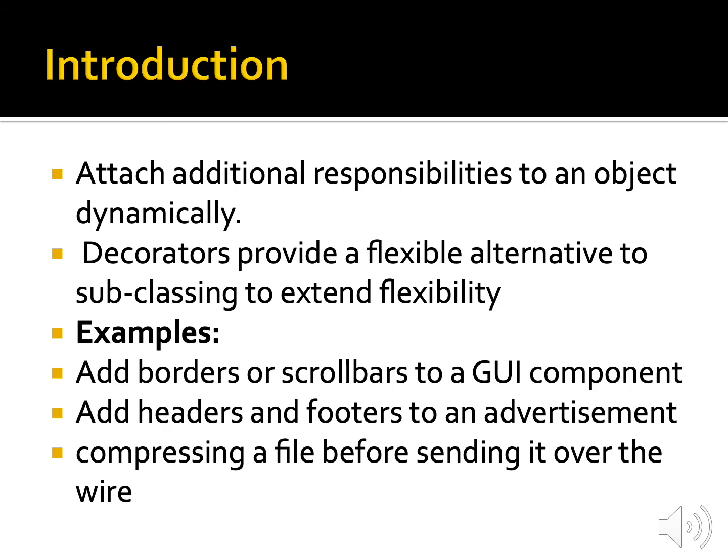Scroll bar can be horizontal and vertical. Similarly, borders can be of different variations. Border can be dotted, border can be plain. And similarly, for example, you are going to design a content area for an advertisement, but you can also decorate it by adding headers and footers into that advertisement.